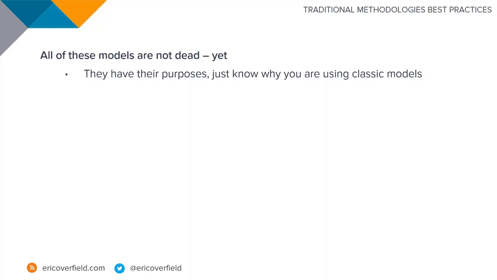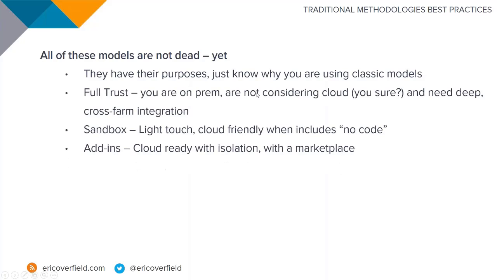So that's why I say just know why you're using a classic model if you're going to use one. I wouldn't recommend it, but I can't say that there's not reasons why. You have legacy code and it's just going to be quicker and simpler, and all of us have budgetary constraints. That's life. So FullTrust, you're on-prem, you're not going to the cloud. Are you sure about that? And you need to really have some deep integration in your farm?